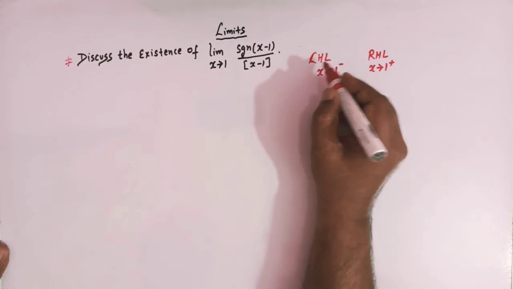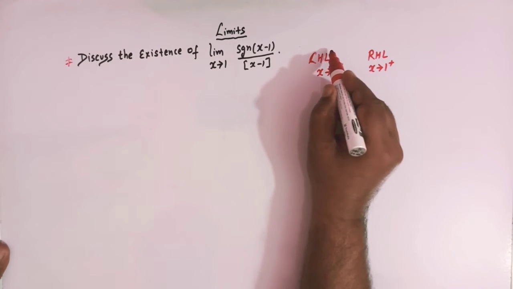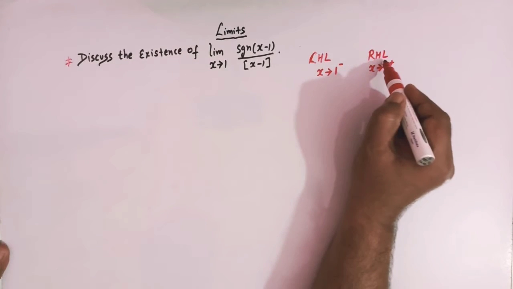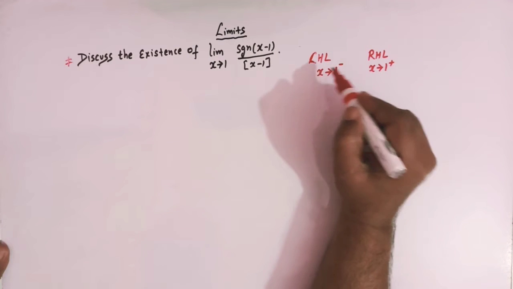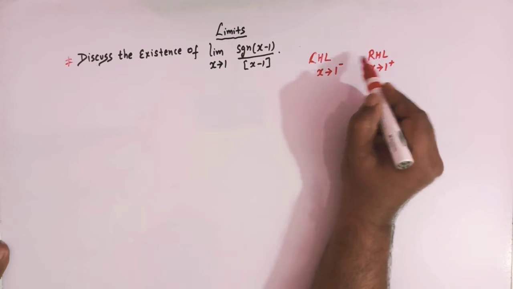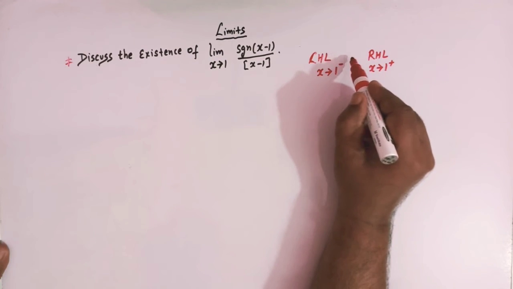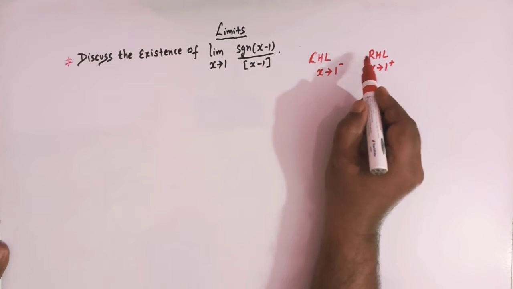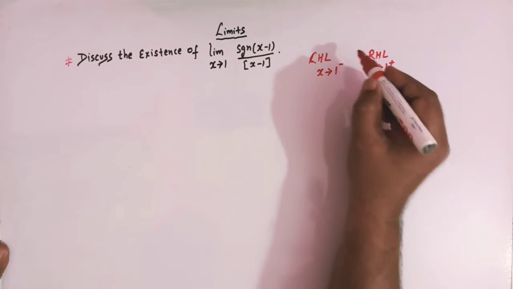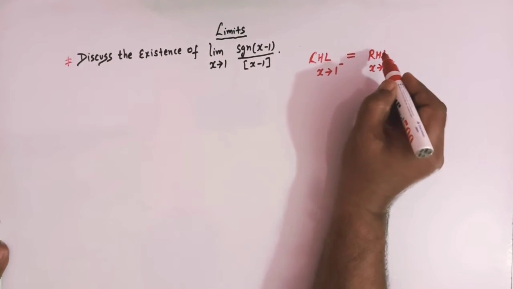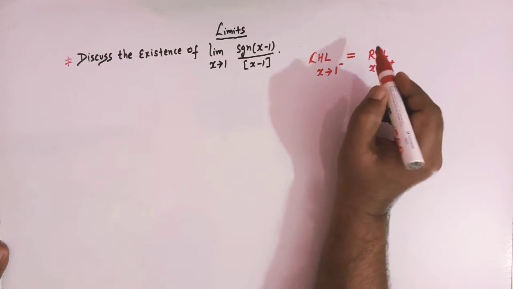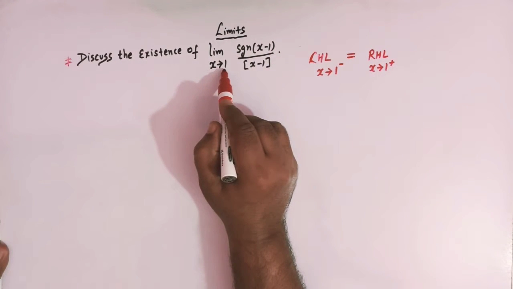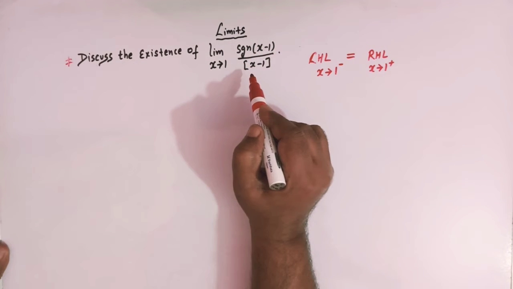We'll separately calculate the left hand limit and the right hand limit, and we'll see whether these two limits are finite and equal. If these two limits exist, are finite and are equal, then we can conclude that the limit of this function when x tends to 1 exists.